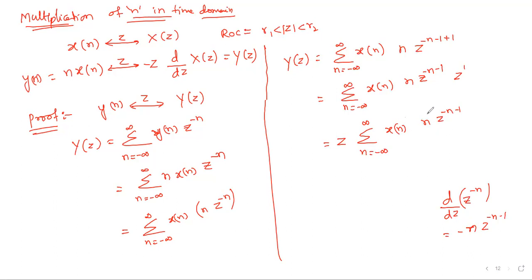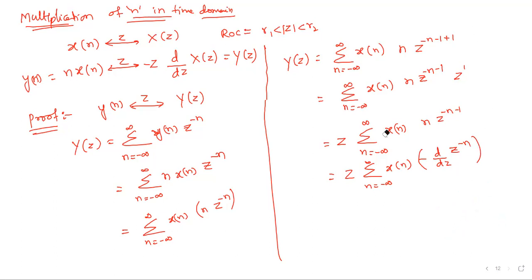So in the place of this one, I will write z times summation n = -infinity to infinity of x[n], and in this place I will write minus d/dz of z^-n. Just take this minus outside, it will become minus z. Anyway, we need to write the partial derivative.